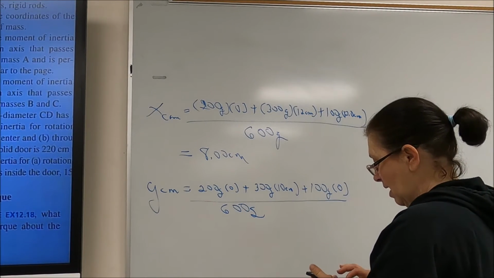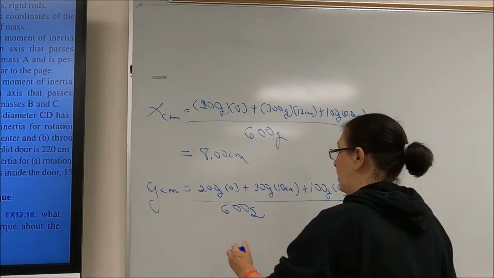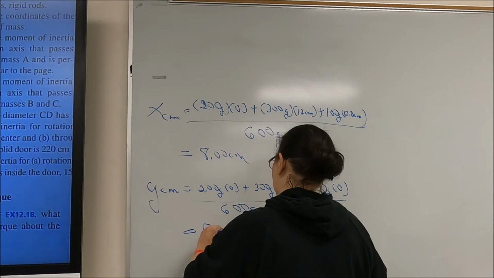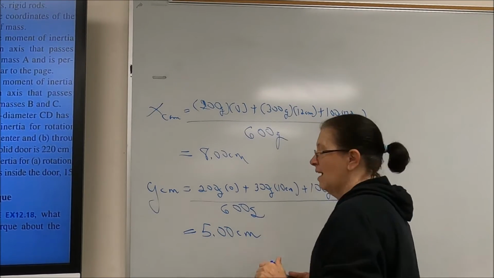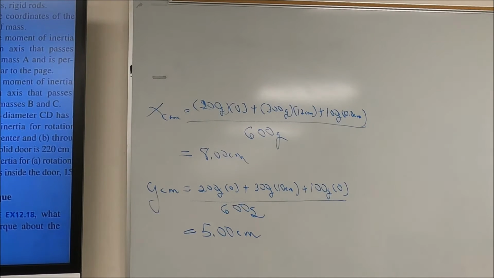So 300 times 10 divided by 600. I get 5 centimeters. Not bad, right? You can do a problem like that.